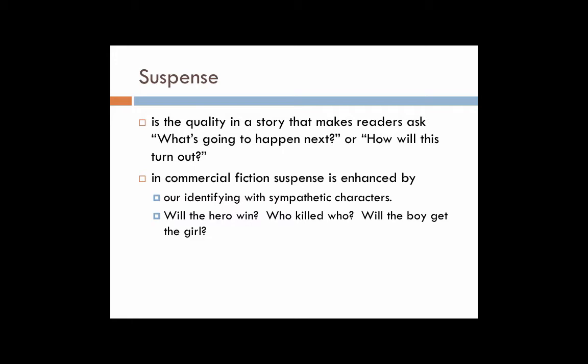A related key idea is a term called chronotope, and you won't find this in your book, but I always thought it was a really cool concept I learned about. Chrono means time, and tope is an abbreviated version of topography, or think about a topographical map, right, where you see the lay of the land.